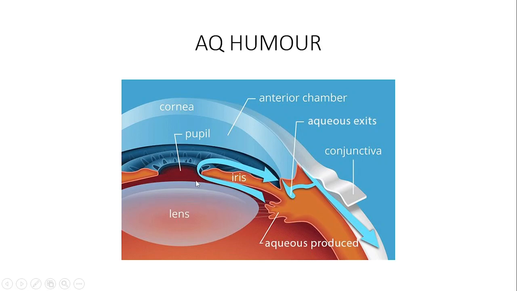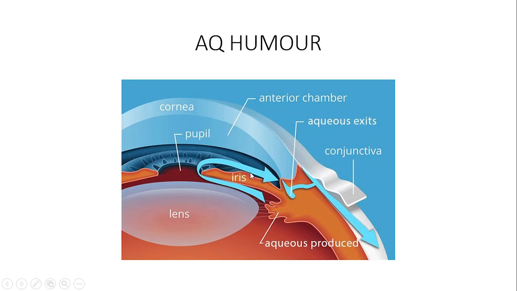Let me repeat. The uveoscleral method, what does it entail? Some of the aqueous will go through the iris and be absorbed through the iris veins. Some go to the ciliary body. Some also pass through the suprachoroidal space and get absorbed within the vortex veins through which they are drained.